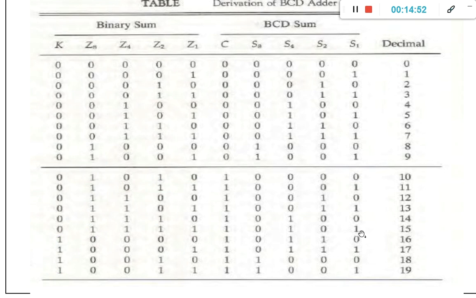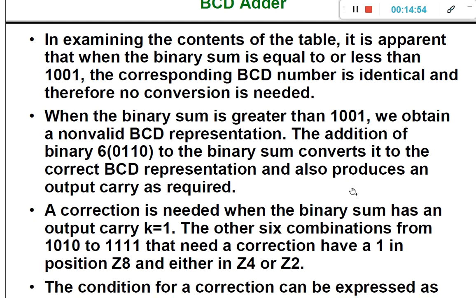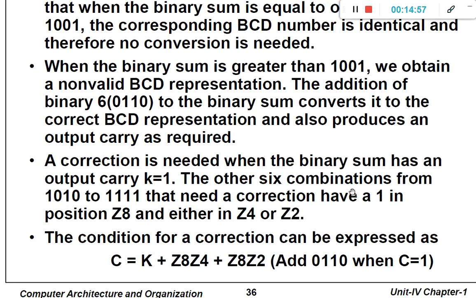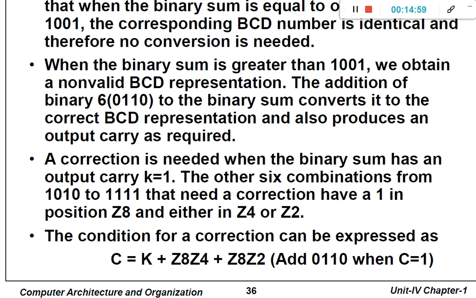So here the condition for correction, whether correction is needed or not, is expressed by calculating this particular C value. How to calculate the C value?